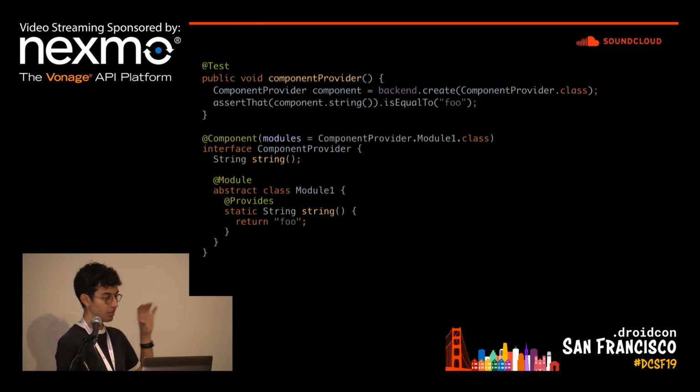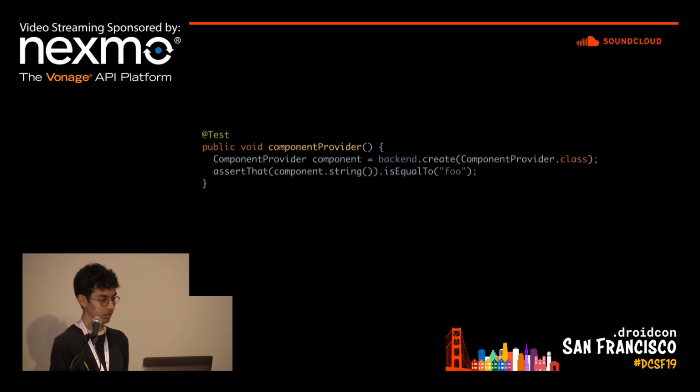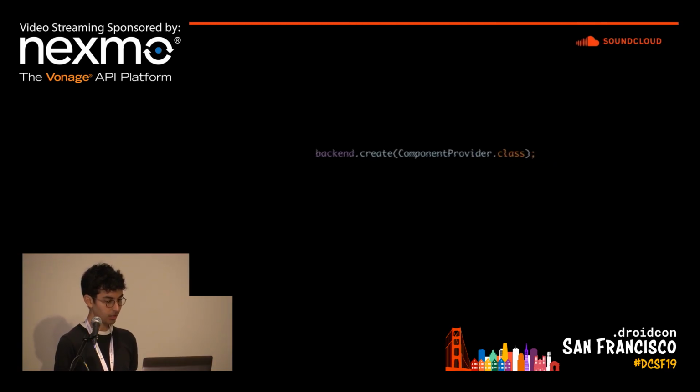You have a component, and every test basically creates a little component and then just tests that you can get that dependency. And then you just assert that that dependency was what you expected it to be. But what is this backend here? So the backend is what calls into Dagger and creates the object graph.